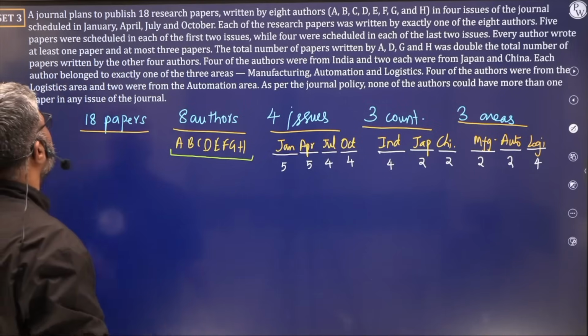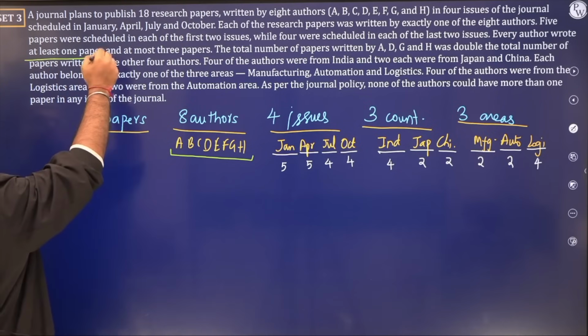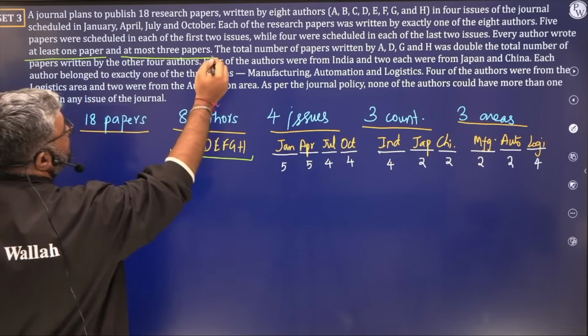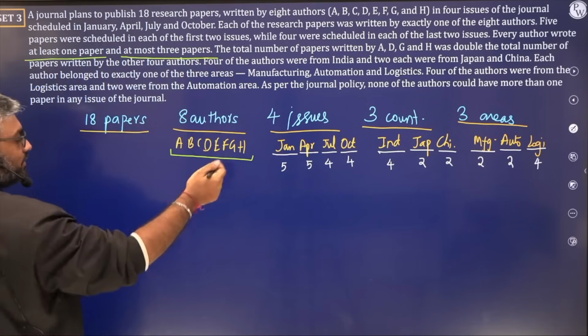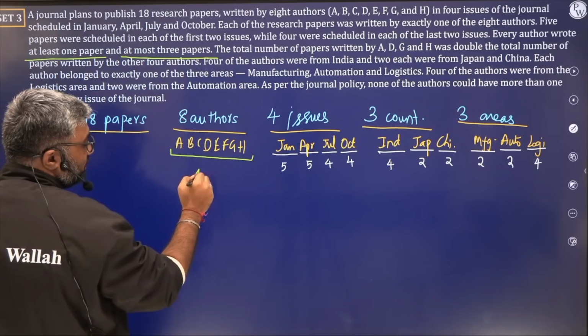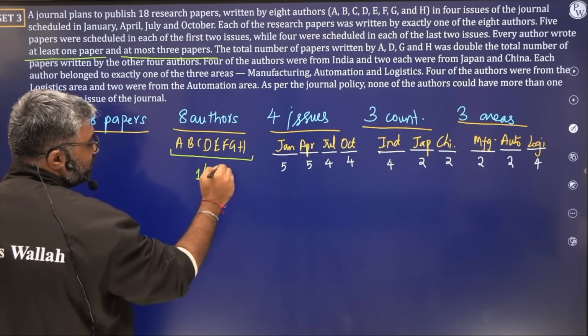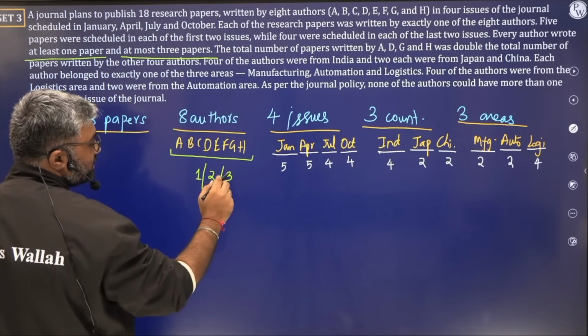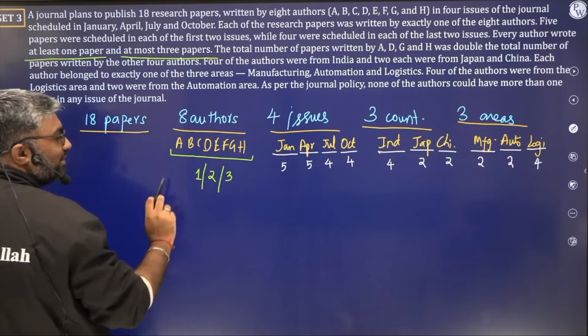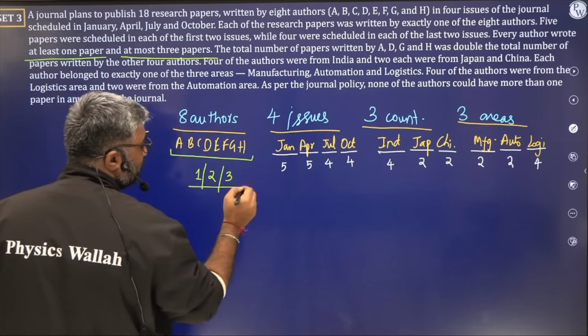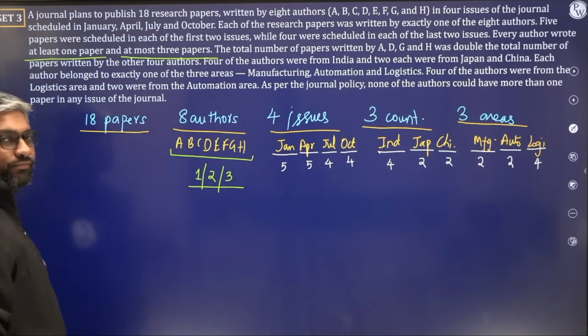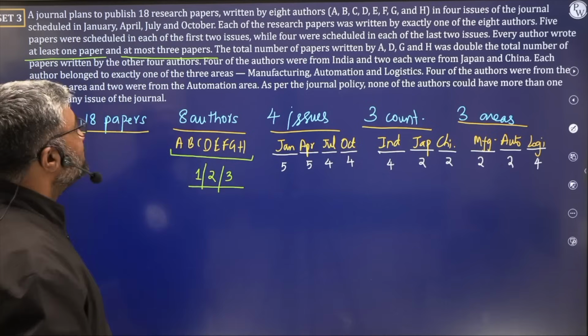Every author wrote at least 1 paper and at most 3 papers. So for each of these cases, they can either write 1 paper, 2 papers, or 3 papers. They cannot go beyond 3, they cannot go less than 1, right? So they have to write at least 1 or at most 3, that is 1, 2, or 3 papers.